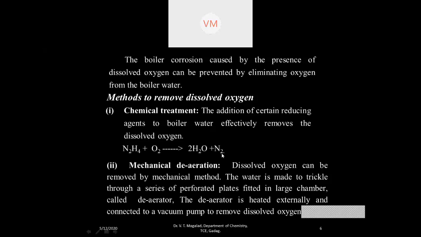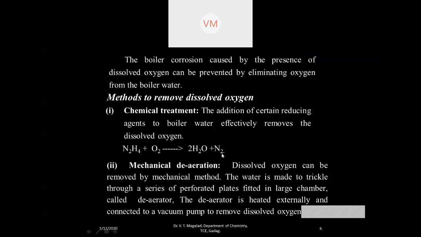Small holes, why? Because we want to reduce the size of the drops of the water. If the drop size is lesser, its surface area is increased and more quantity of oxygen can easily come out. The dissolved oxygen can easily come out from the water. This is the idea.